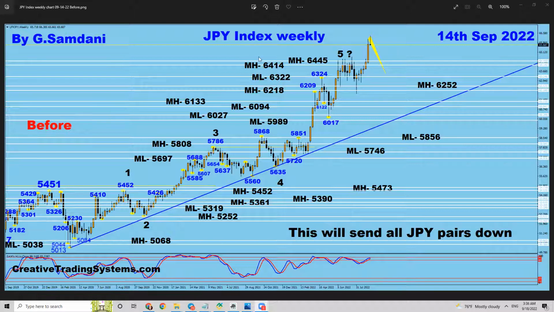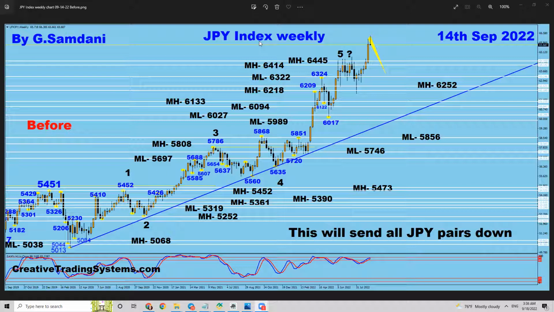Just wanted to show how you can use these individual currency indexes to trade all the pairs of that currency. For example, I'm showing the yen index here. Yen has almost 7 or 8 pairs, right? I follow maybe 5 or 6 of them.